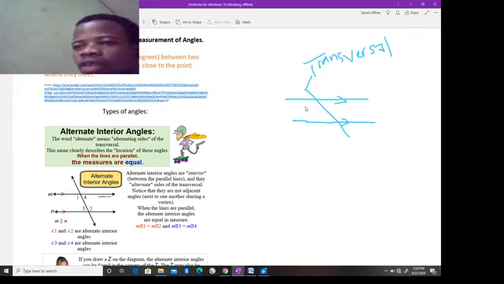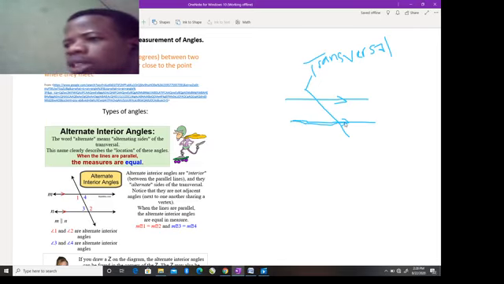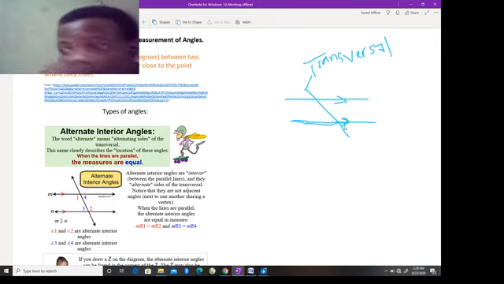an alternate angle? You can as well call an alternate angle a Z angle, because by being able to see the Z in the geometry, you will automatically be able to identify the alternate angles. Let me show you something.